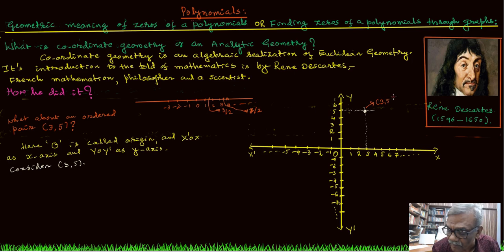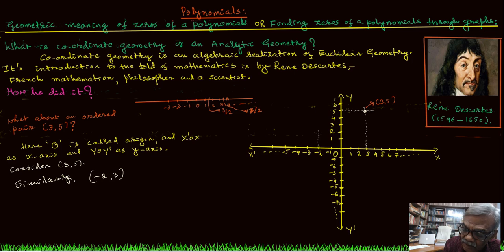Similarly, we can see here minus 2 and 3. Identify minus 2 here, and in a similar way draw a line parallel to the y-axis, and 3 on a line parallel to the x-axis.